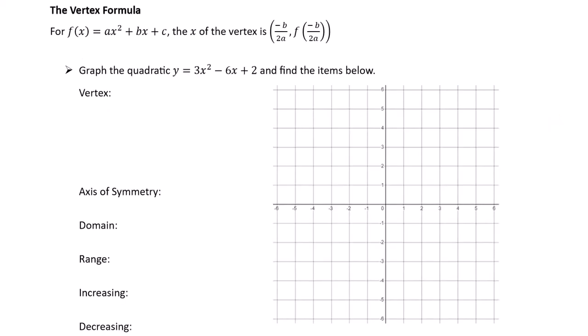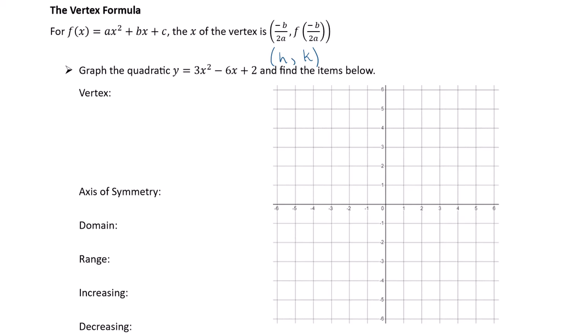All right, when we look at the form f of x equals ax squared plus bx plus c, the vertex is still a very important point. We still have to be able to find it. And we have this formula. The x part of the vertex is going to be negative b over 2a for the h, and f of negative b over 2a for the k.